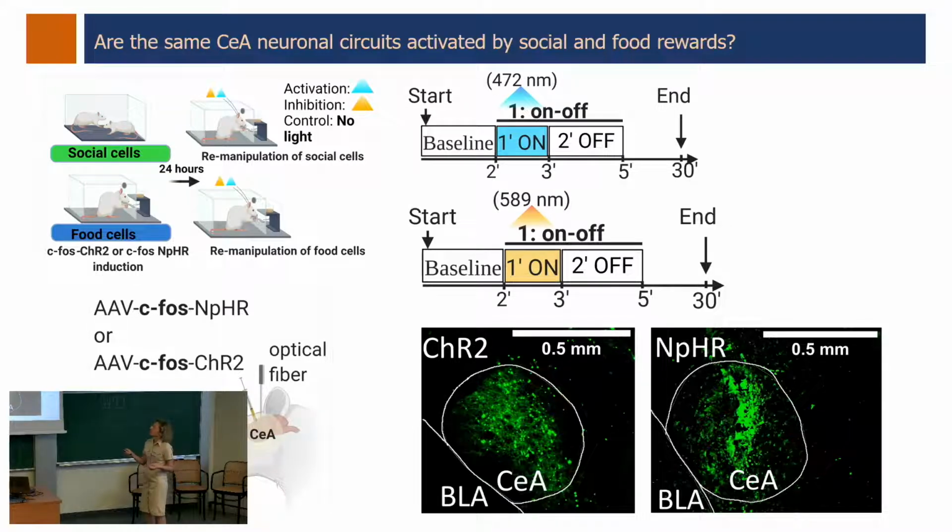But here we wanted to see what happens when we activate these social cells, whether we also will see the increased lever pressing or maybe some different response. We assume that if they are the same, we should see similar effects like here. If not, we will see some other responses. And we did both the optogenetic stimulation and optogenetic inhibition.